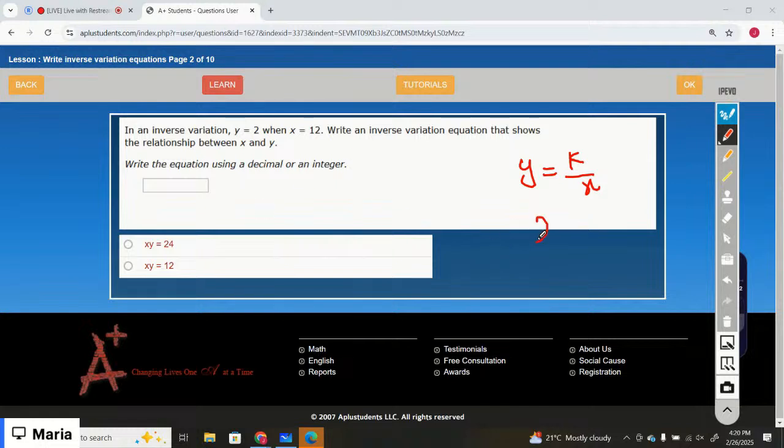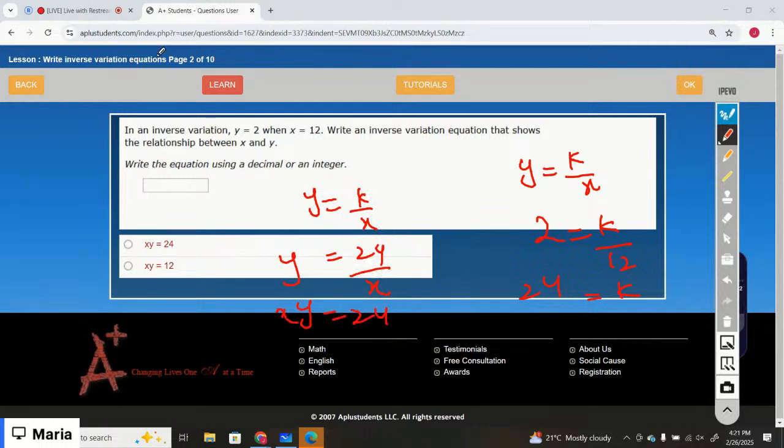So y is 2, x is 12. So k equals 2 times 12, that is 24. So the equation is y equals k over x. K is 24, so x times y equals 24.